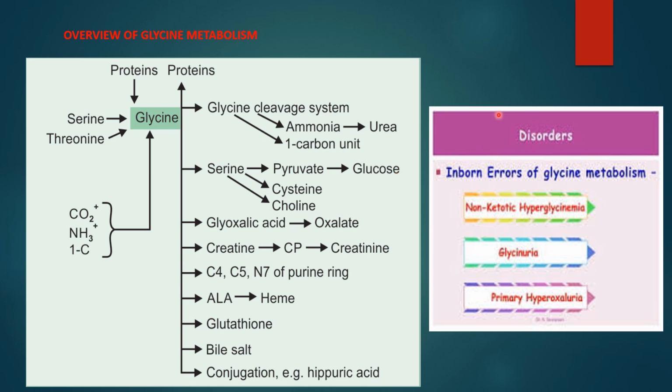And this is about the disorders associated with the metabolism of glycine. So we'll see here. The first is non-ketotic hyperglycinemia, which is a defect in the glycine cleavage system.